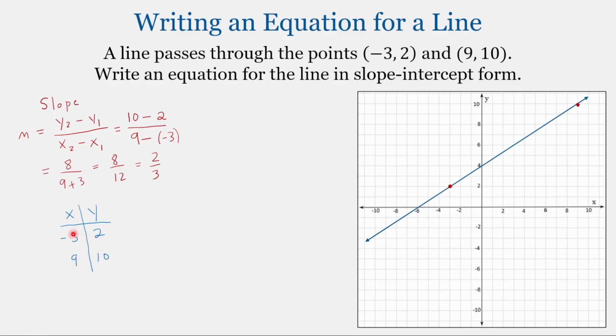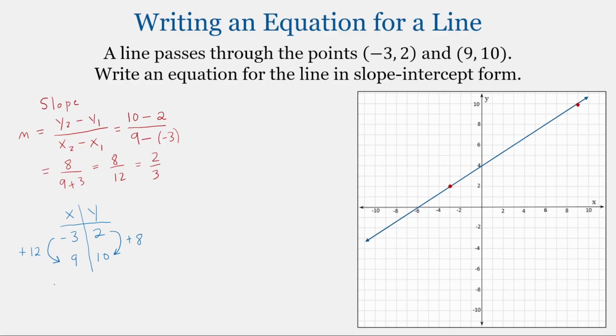And then from here, we can look at the difference between the 2 x coordinates and between the 2 y coordinates. So as we went from -3 to 9, that's an increase of 12. And as we went from 2 to 10, that's an increase of 8.